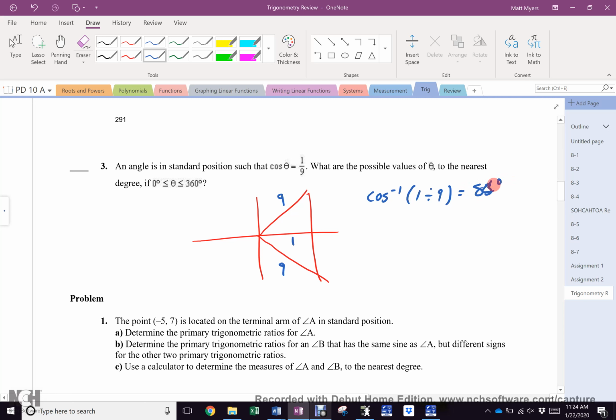Oh, I lie, 84, because it rounds up. 84 degrees, so that's 84, and that's 84. Sorry, I'll use a different color. Green, 84. So the answers are 84 degrees and 360 minus 84, which is 276.